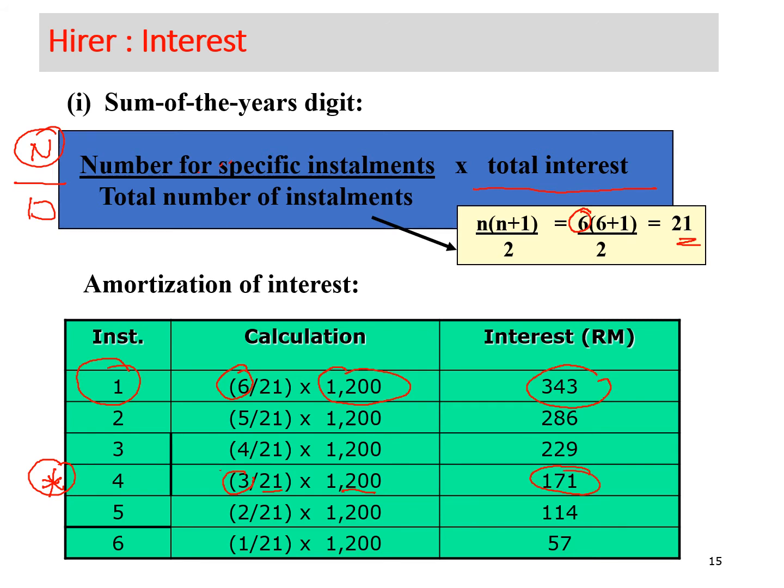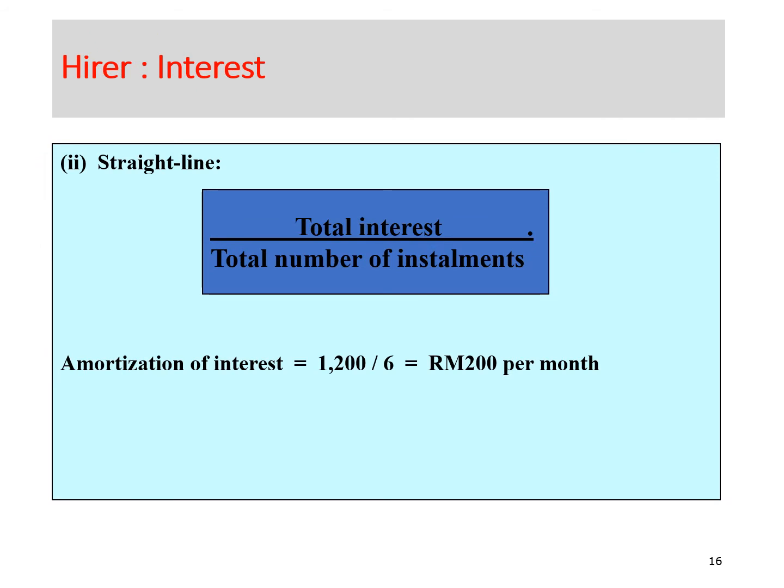So that is how you compute the interest expense under the sum of the years digit method. As for the straight line method, it is much simpler. You take the total interest and divide by the total number of installments. The total interest is 1,200, you divide by 6, so for each installment, the interest is 200 per month.